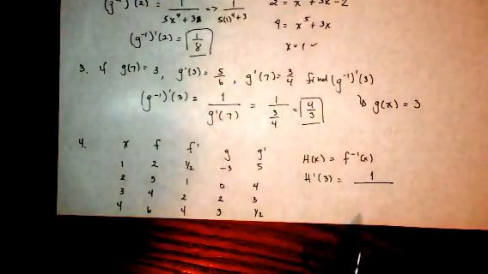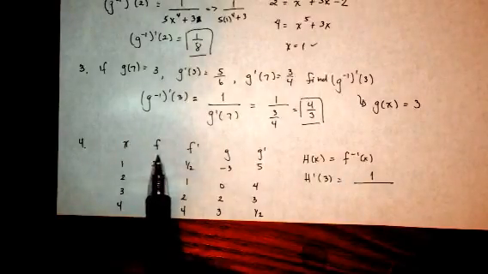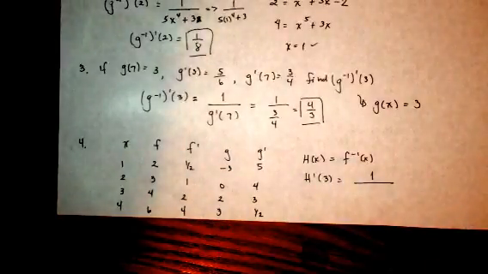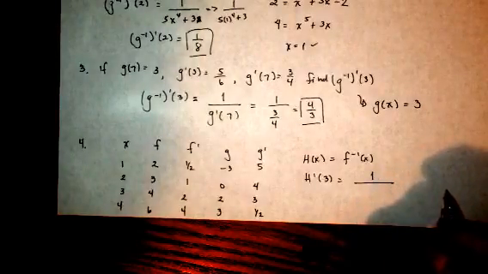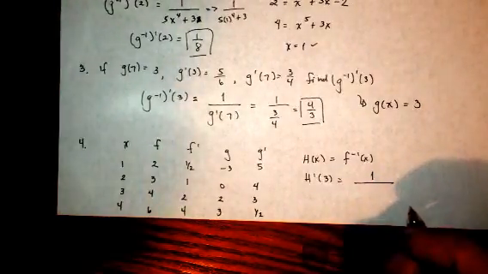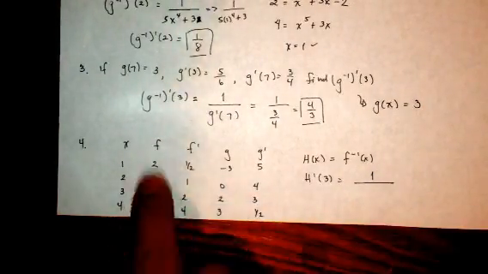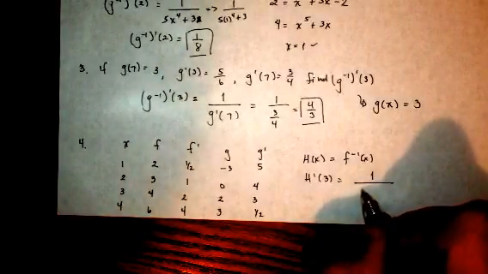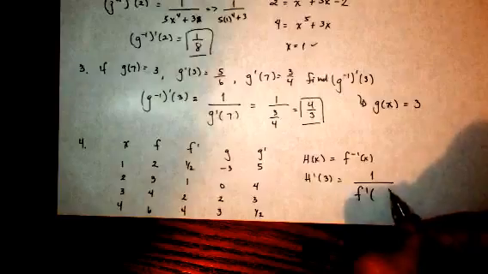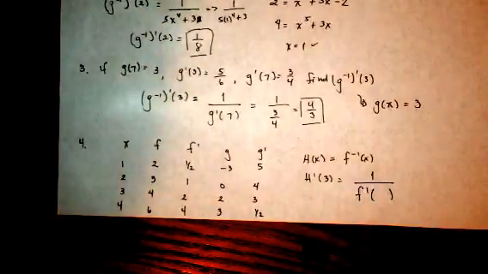You have x, f prime, g prime. So what's my original function? It's going to be that f function. So f prime of something is going to go in here.